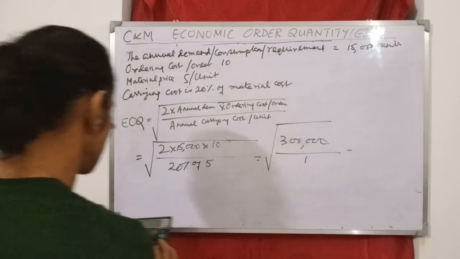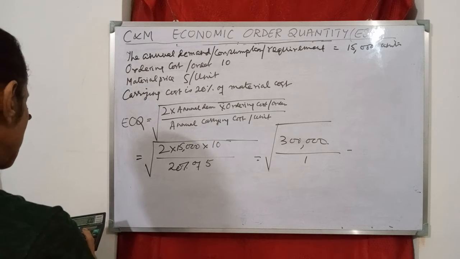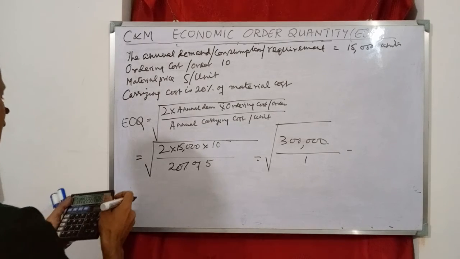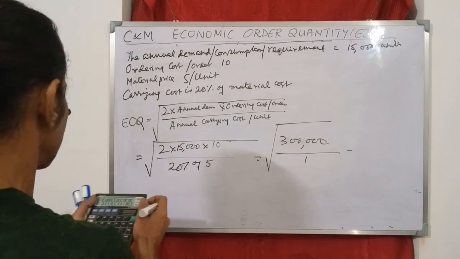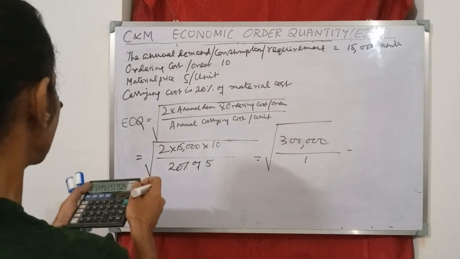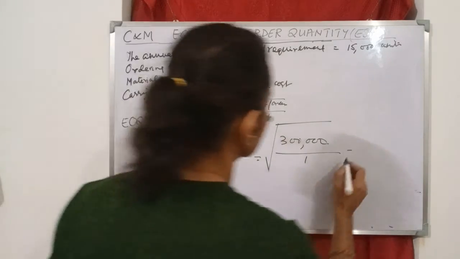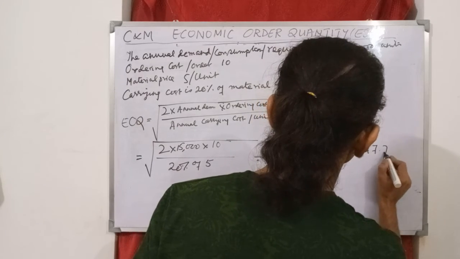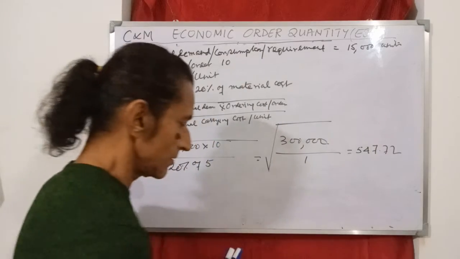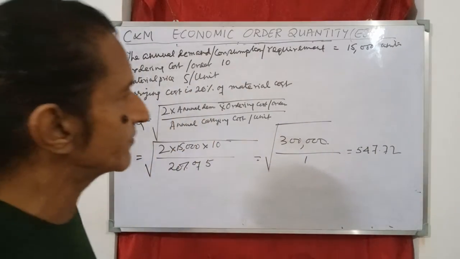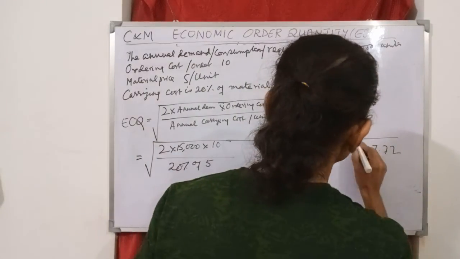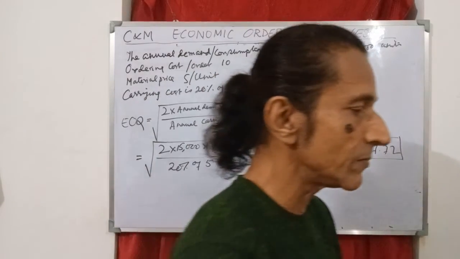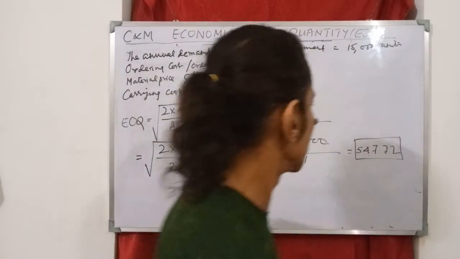So the order size is 547.72 units. This is the economic order quantity or the optimum order size.